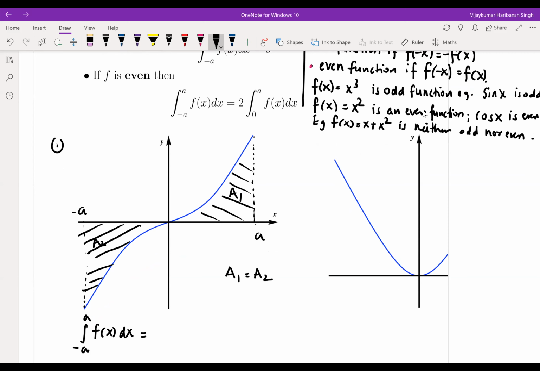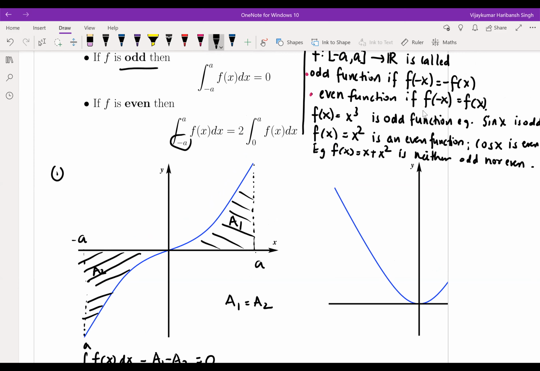Since the integral is a signed area under the curve, you will get a1 minus a2, which is going to be 0. So if you integrate an odd function from minus a to a, that's important, you will get 0. So for an odd function, the integral from minus a to a of f of x dx is 0.